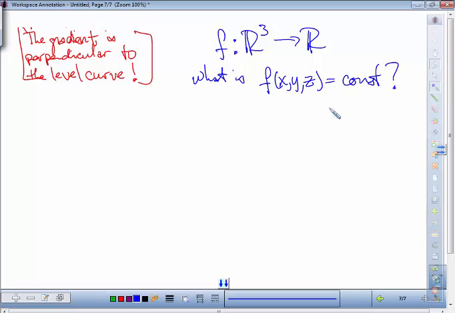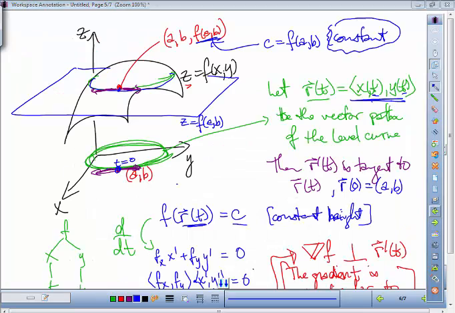So level sets, at least the ones that we're studying, fall into a category of a level curve if you had R2 to R. So this is an example of a level curve in 2 dimensions.